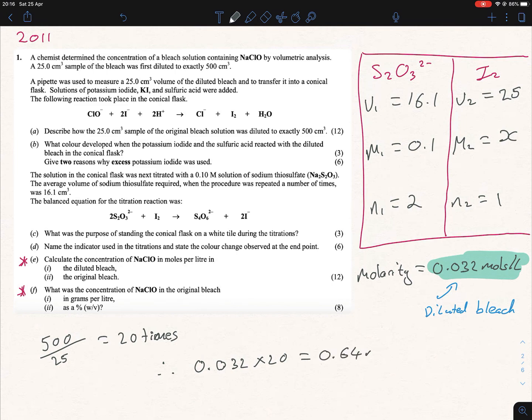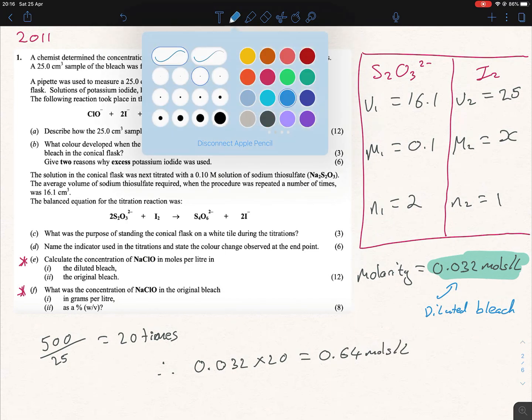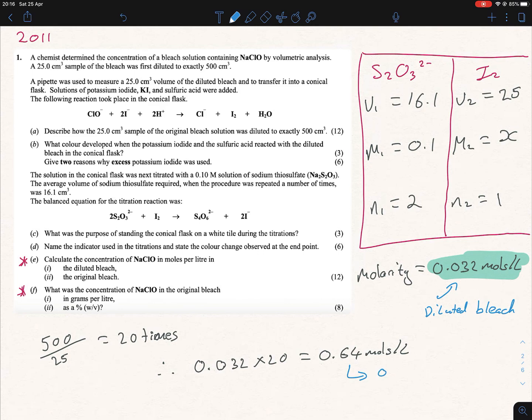And that's moles per liter again, and that is of our original bleach. Okay, so we have the maths done now for this. We have the diluted bleach and we have the original bleach for part E. So E is done. Okay, grand.